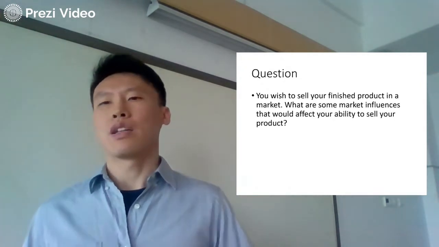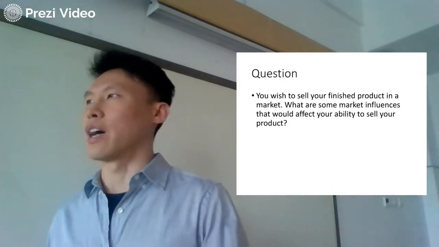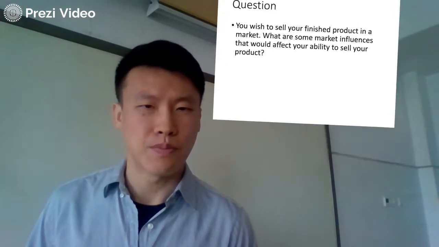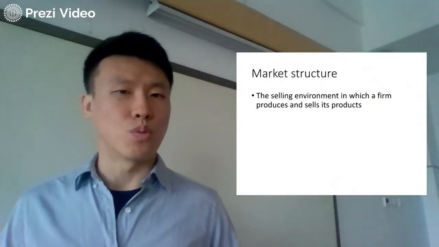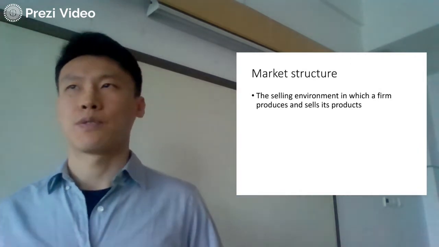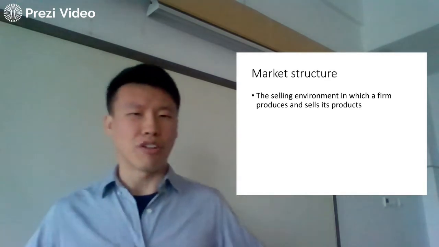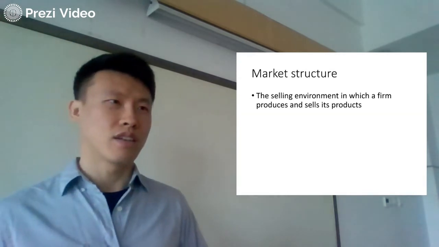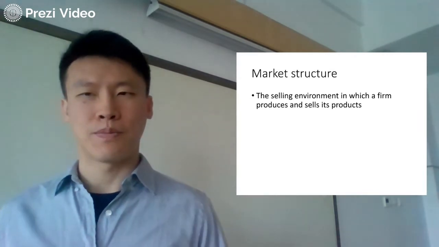looking at what type of market structure that we are in. Okay. So a market structure is defined as the selling environment in which a firm produces and sells its products. All right? And we'll see today that these different factors in this environment has a strong impact on a firm's ability to sell and also make profits.